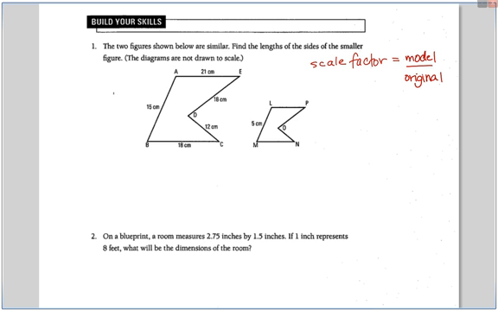So basically it's the new dimension divided by the old dimension. Remember that you have to correspond sides. So LM goes with AB, and you can see that AB is 15 and LM is 5. So for the ratio of the model divided by the original, we'll call this shape the model, and we'll call this shape the original.